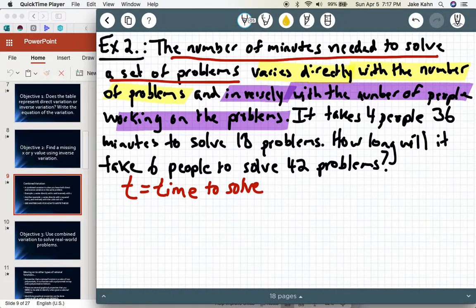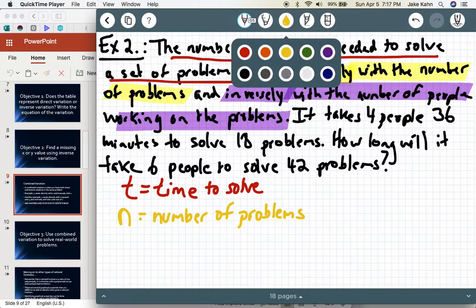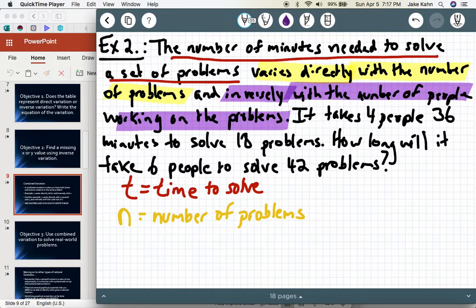In yellow, varies directly with the number of problems. I'm going to make n my number of problems. And then finally, in purple, it said inversely with the number of people working on the problems. I'm going to write P is the number of people.